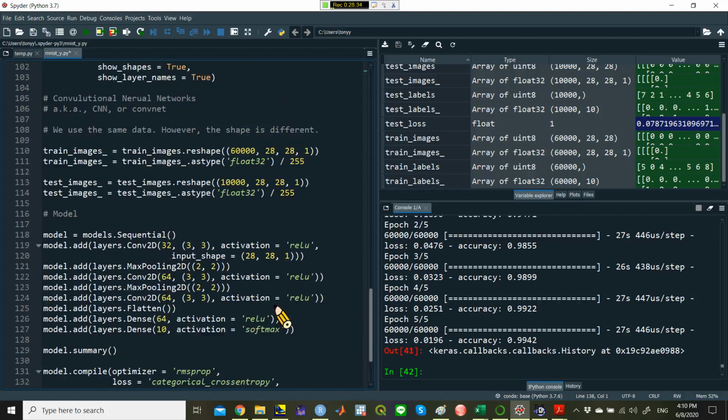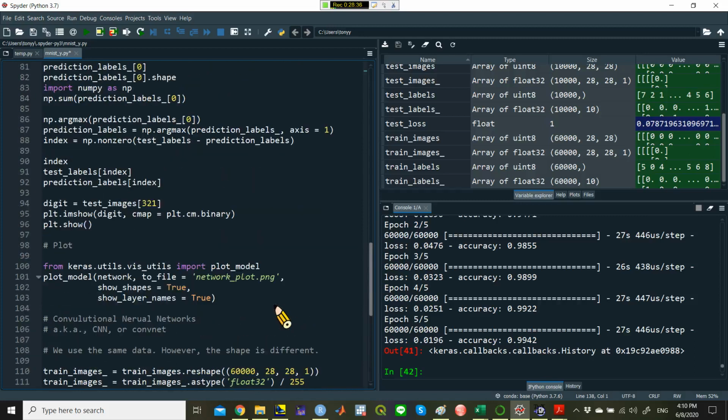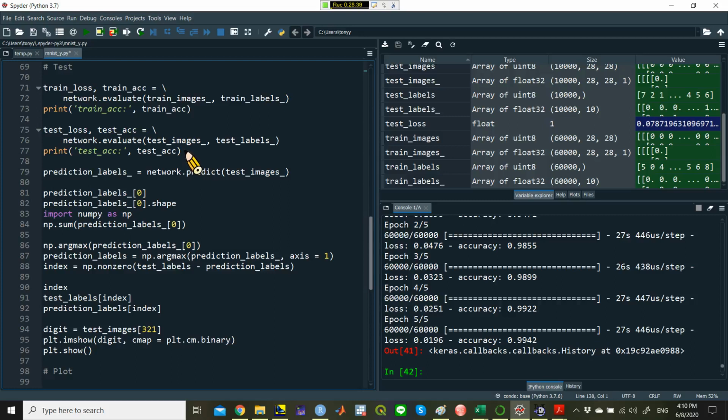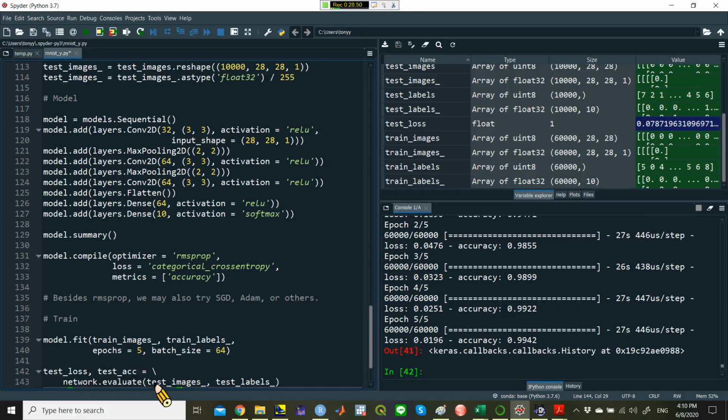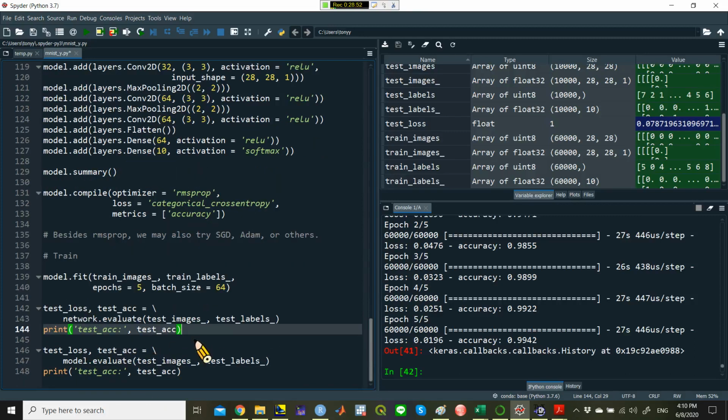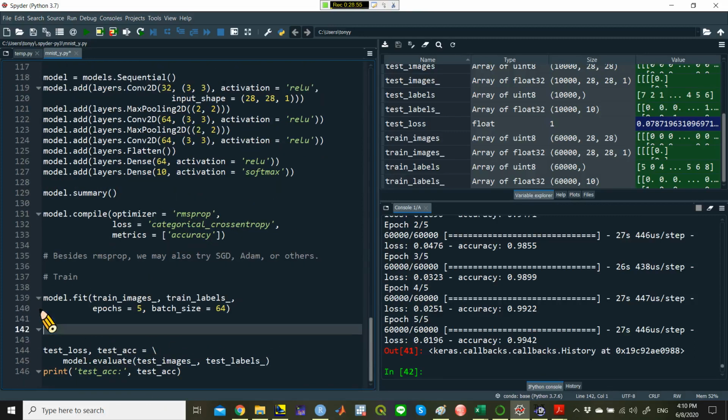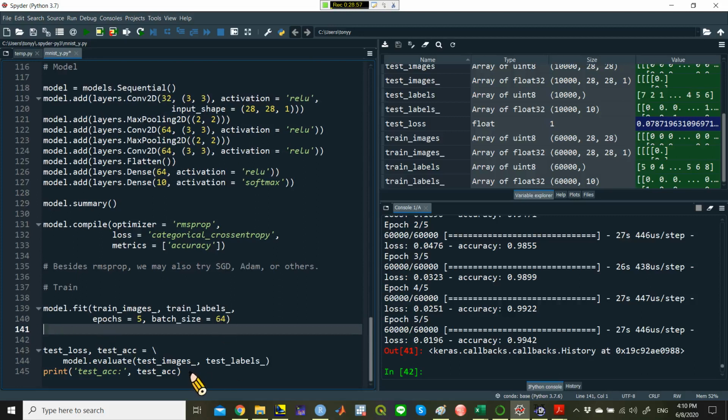So let's go back to this part. Again, we use the evaluate function to take a look at the out of sample test error rate.